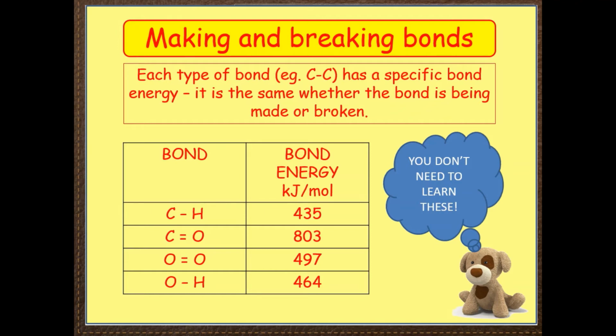The bond energy for a particular bond is the amount of energy that needs to be supplied to break the bond, or the amount of energy that will be released when such a bond is made.